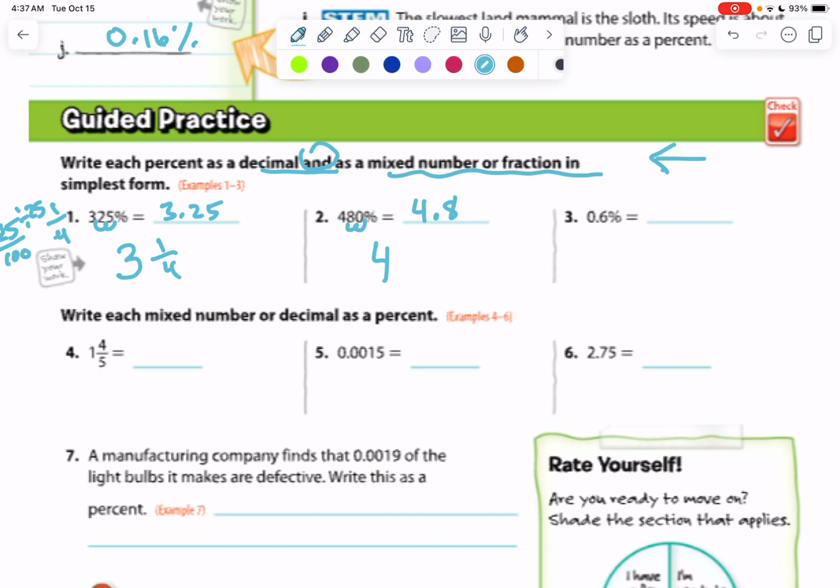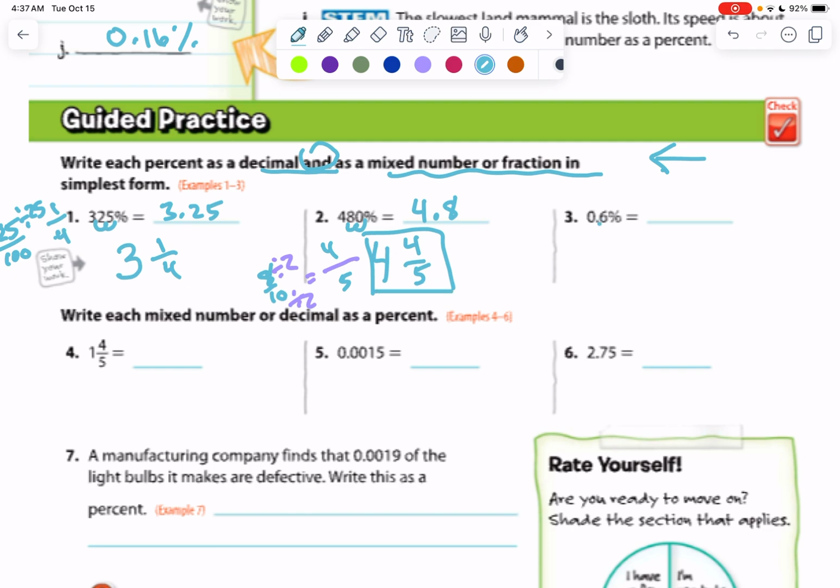So let's think about that. 8/10. What can we divide numerator and denominator by? Yes, 2. 8 divided by 2 is 4. 10 divided by 2 is 5. 4 and 4/5. That got messy, so I'm going to put a little box around this.